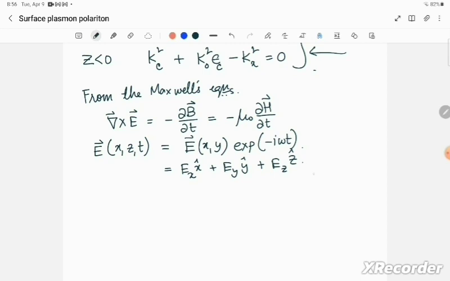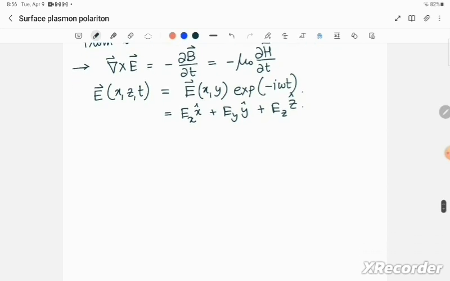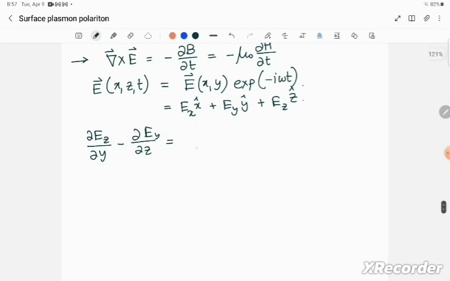So knowing this form, we can start with this curl relation, and for the x component of this curl term we have, I hope you're all familiar with this, the term with derivative with respect to y equal to whatever we have on the right hand side, which is mu naught del Hx by del t. The left hand side term is 0 because it is independent of y.